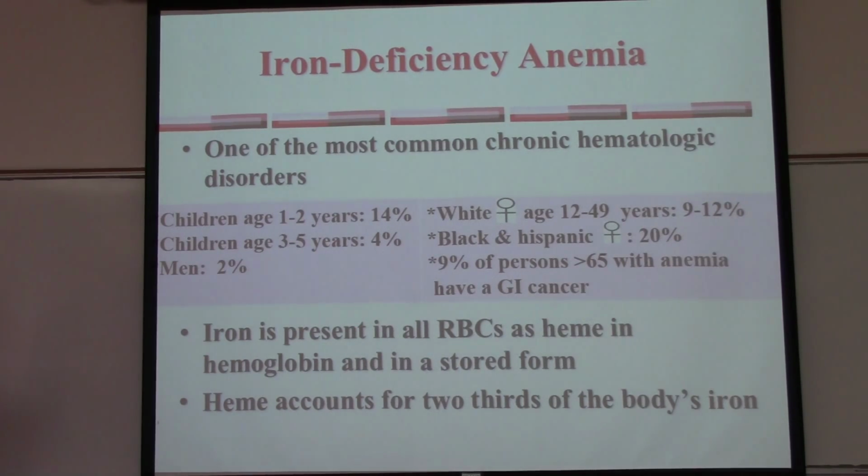Iron is present in all red cells as heme. It's the heme in hemoglobin. The globin is a protein, the heme is the iron. And in the stored form, you've got ferritin.